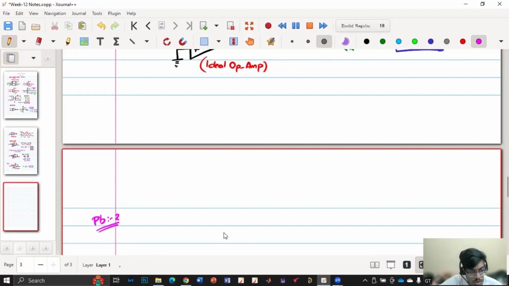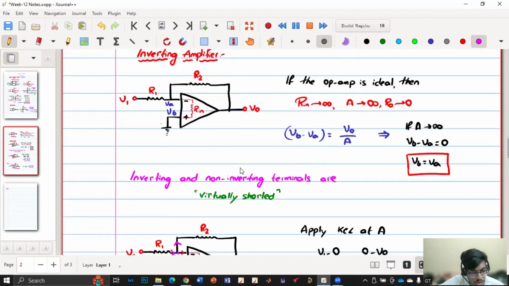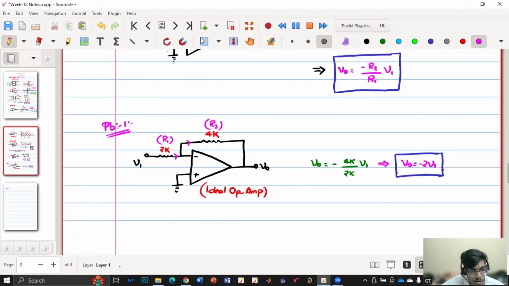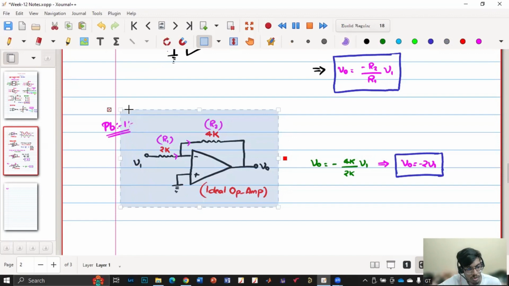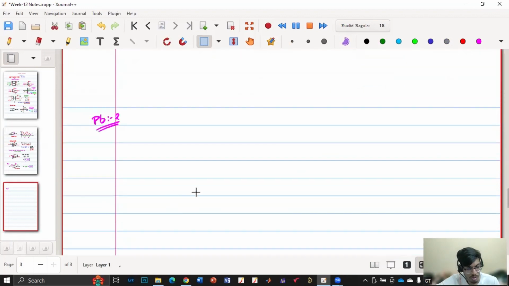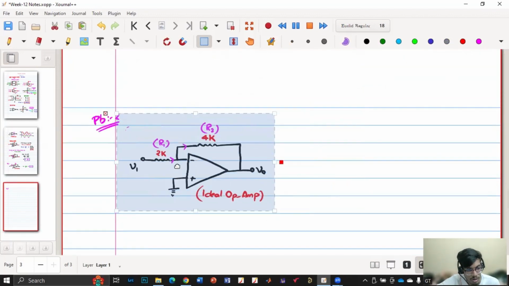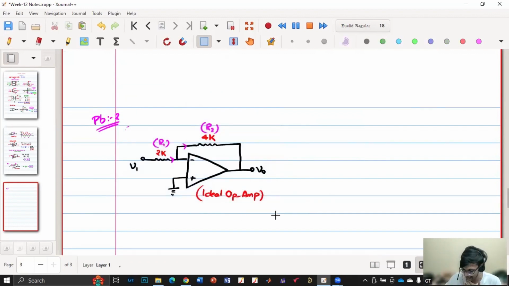Problem 2. So this same problem we'll consider. So let me just copy paste. Okay. And here, a question: Sir, why is the non-inverting terminal always grounded? What happens if the inverting terminal is grounded?